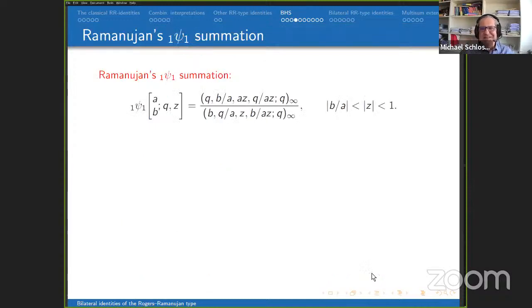And sometimes these q-hypergeometric series are called Heine type series for that reason. Okay, because this is a seminar talk for a seminar based in India, and Ramanujan is the big hero, I should definitely mention Ramanujan's 1ψ1 summation, which is one motivation why we should try to extend theorems to bilateral formulas.